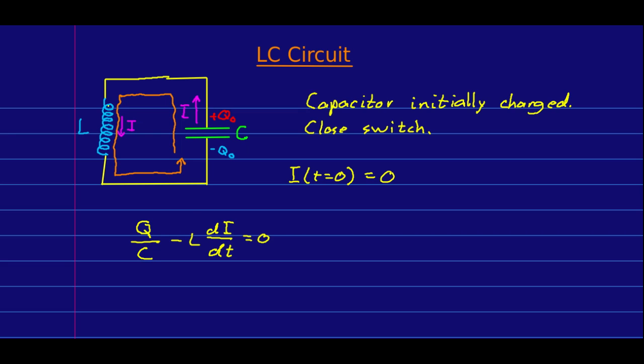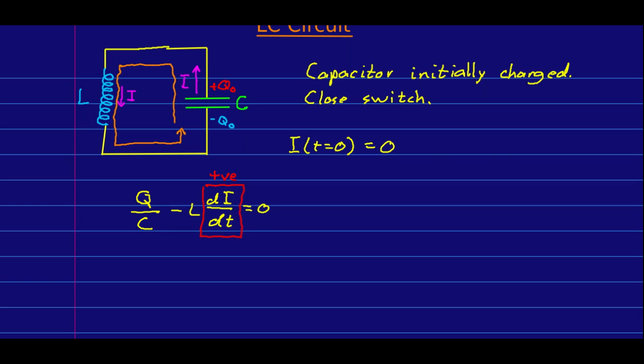Because I know there is a potential drop as I go through the inductor, this is a drop, and so di by dt must be positive. In other words, the current is increasing, which is not surprising since it started at 0, and we certainly expect the capacitor to discharge. Now note that both the current and the charge on the plates are functions of time.